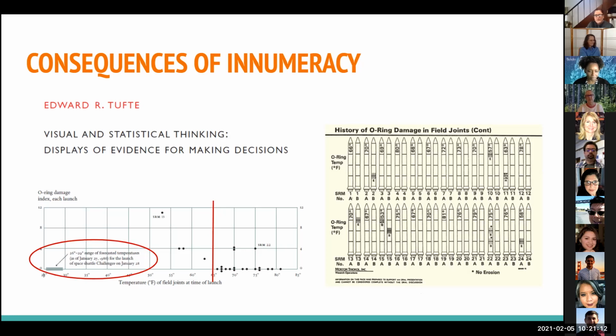I won't go into too much detail on this, but the differences are stark. And I will caveat all of this by saying it's contested. The findings and results that Tufte came up with have been vigorously debated in the public sphere. So take it with a grain of salt, but it's a very interesting read.